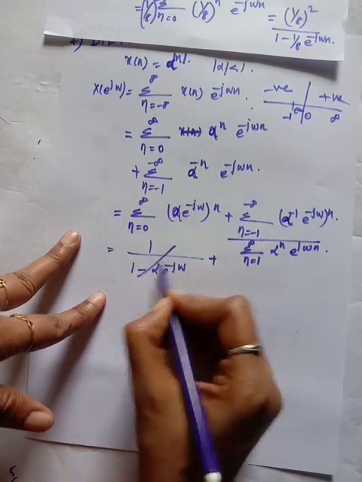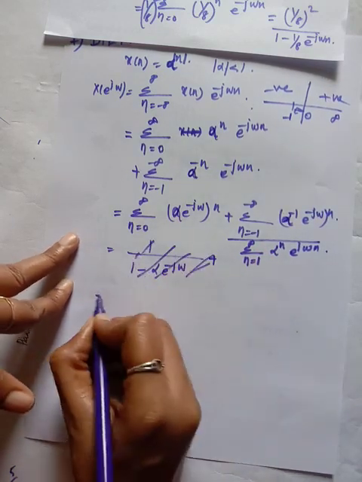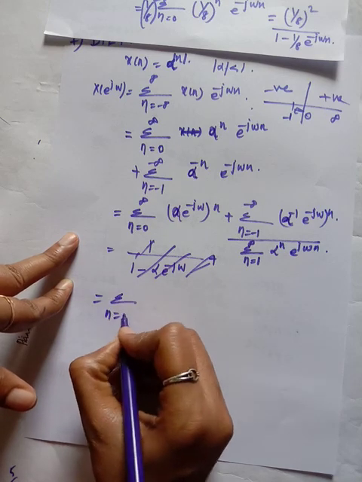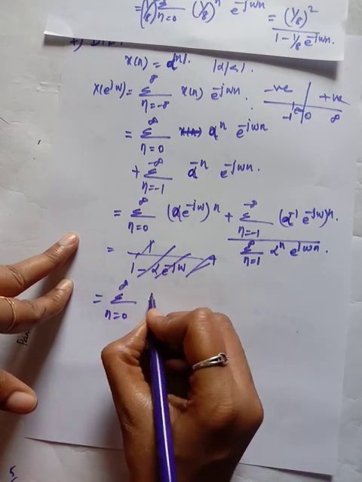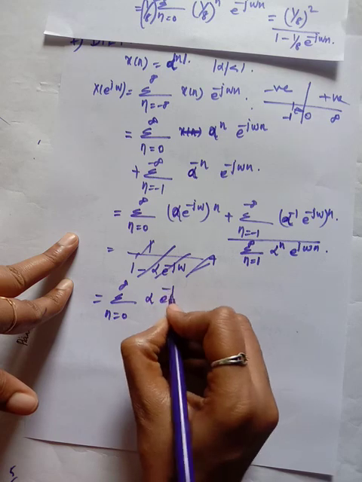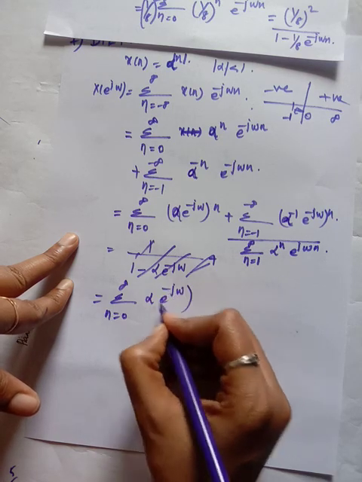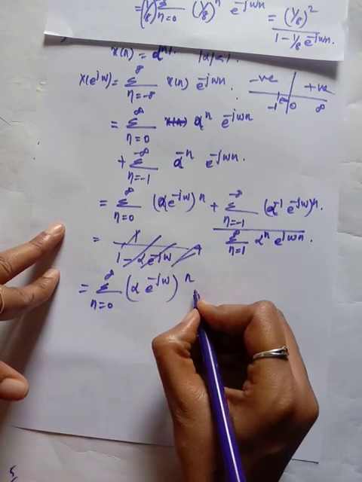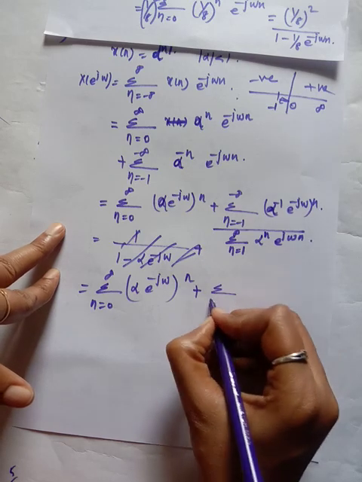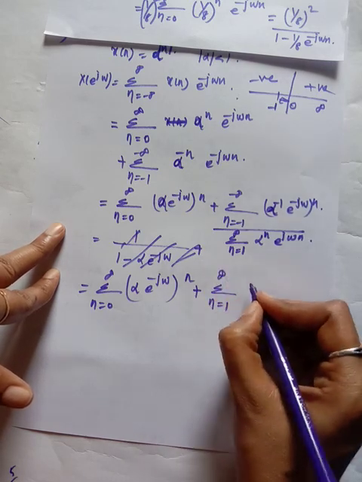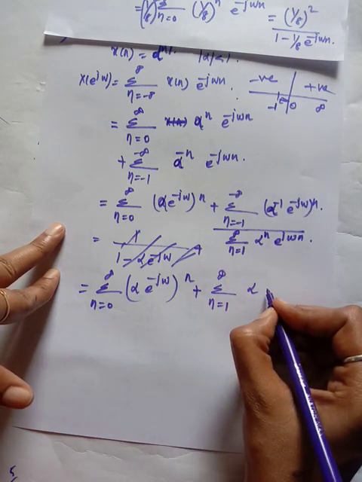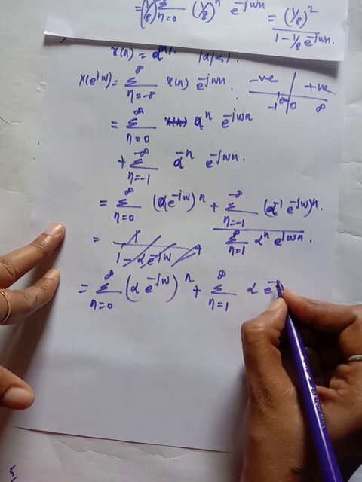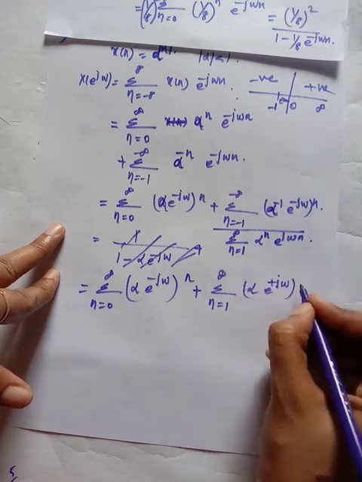So we will write this term later. Summation n equals 0 to infinity of alpha e power minus j omega, the whole power n, plus summation n equals 1 to infinity of alpha e power plus j omega, the whole power n.